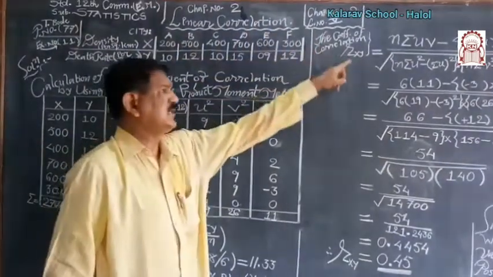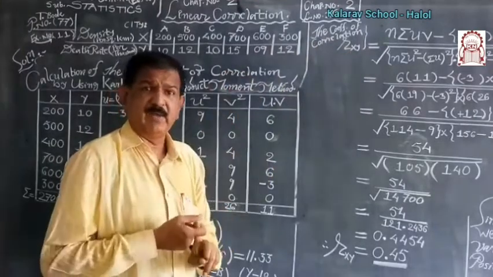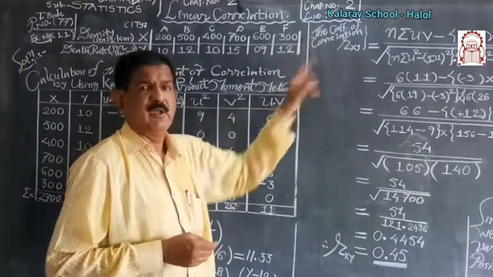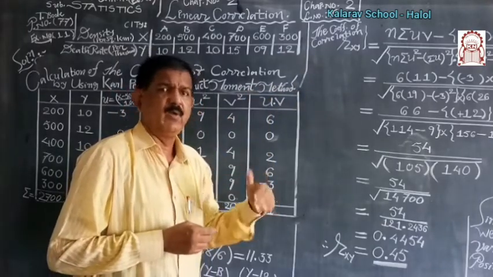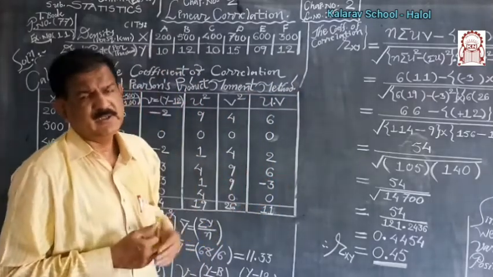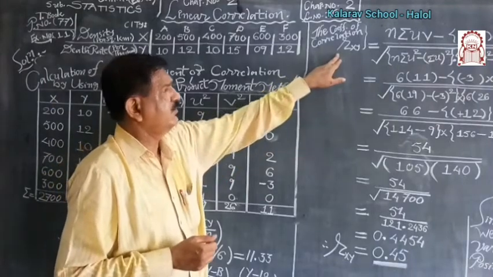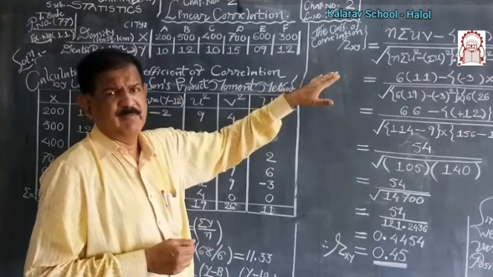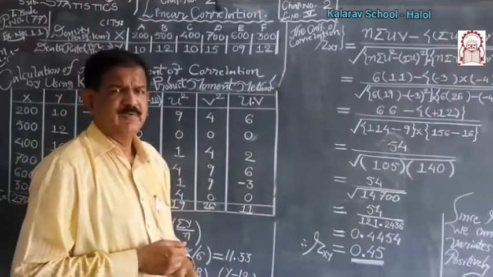UV is the master key. If x bar and y bar both are positive, completely integer, then also you can apply this method. If x bar or y bar or both are in fraction value, then you can apply this method. This is the master key and most important method for calculating the coefficient of correlation.